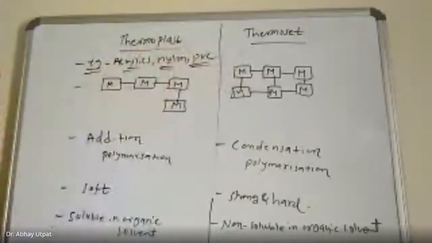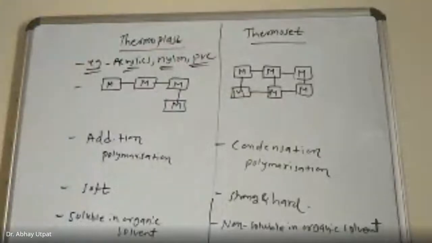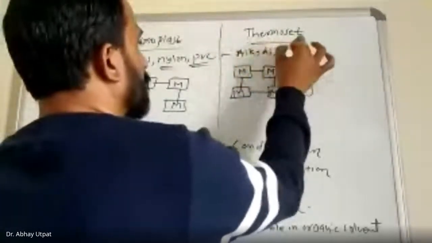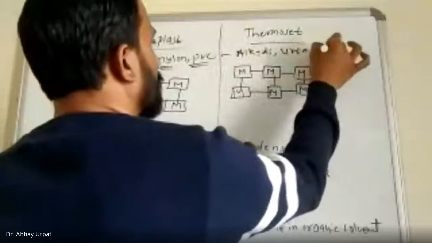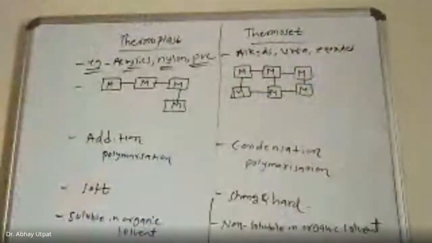I have written them at the upper side. And thermosets: alkyds, urea, epoxides, etc.